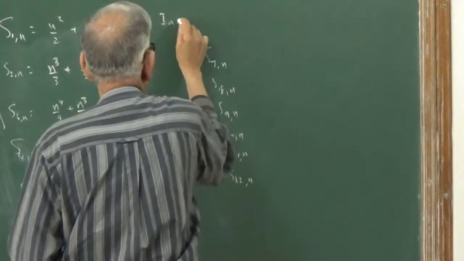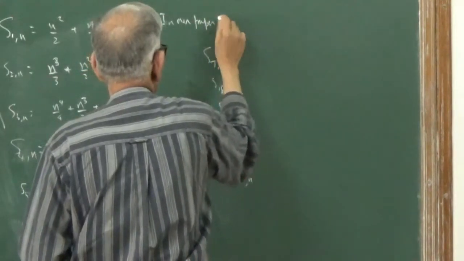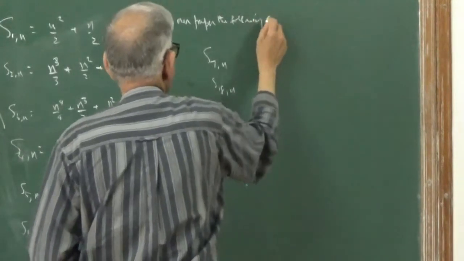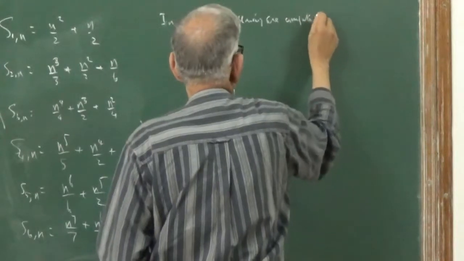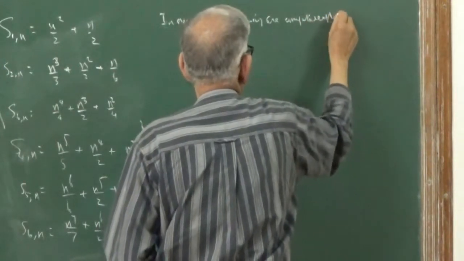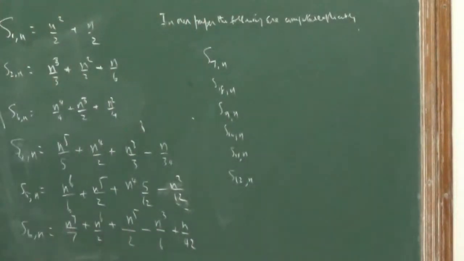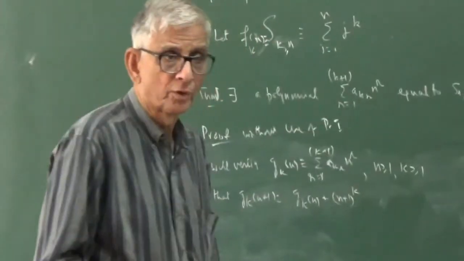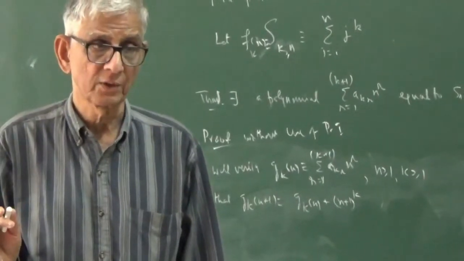In our paper, the following are computed explicitly. Basically, the theorem is the following, that Skn equals this polynomial for some appropriate coefficients A_kr, and we have computed explicitly what these A_kr are.